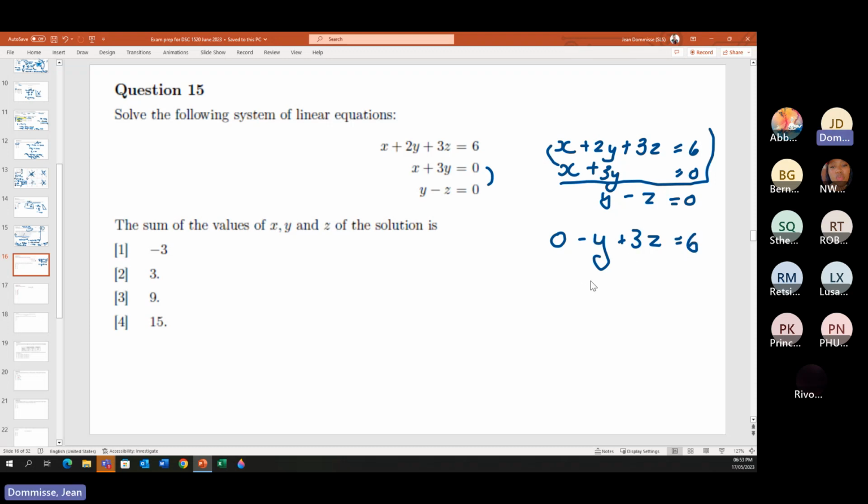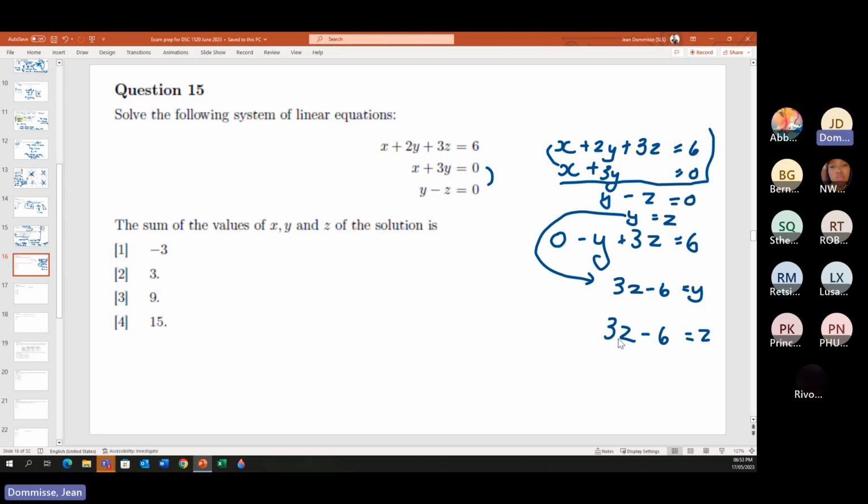So there I have an equation: 3z minus 6 is equal to y. So I take that to that side, I bring this over to this side. But up there I also have y is equal to z. So I will then substitute it in there. So then I can say 3z minus 6 is equal to z.